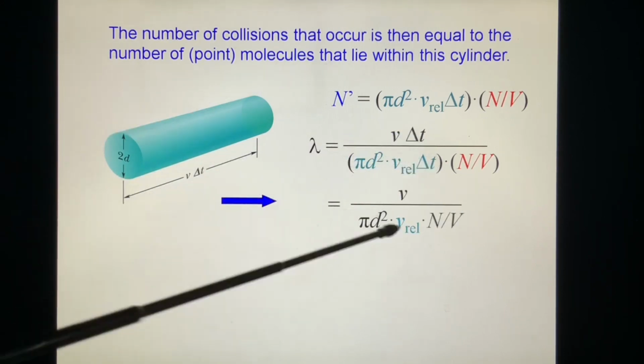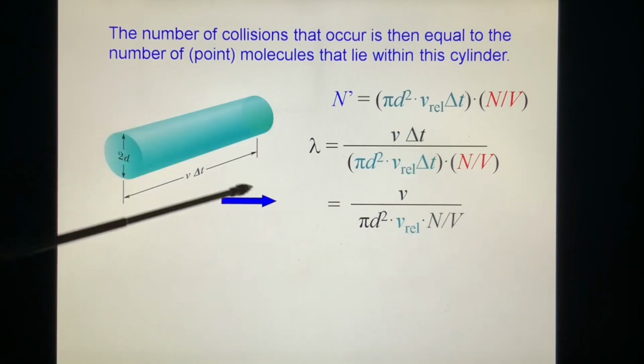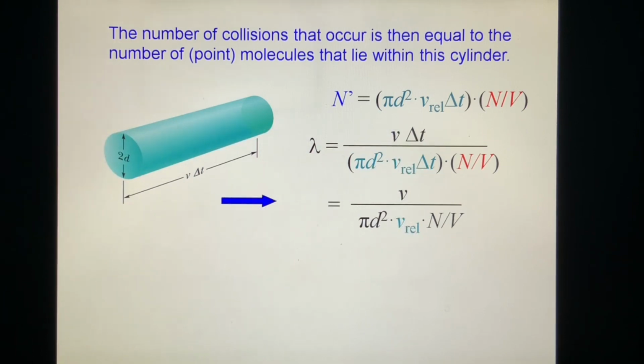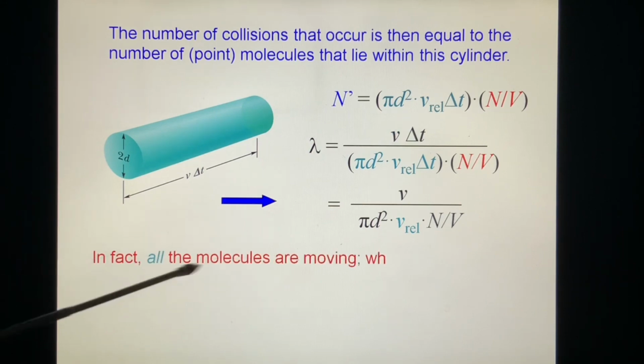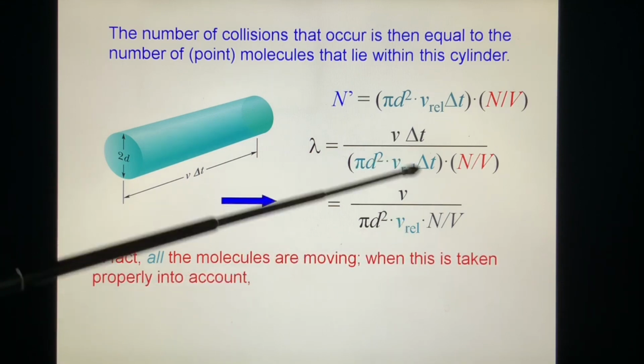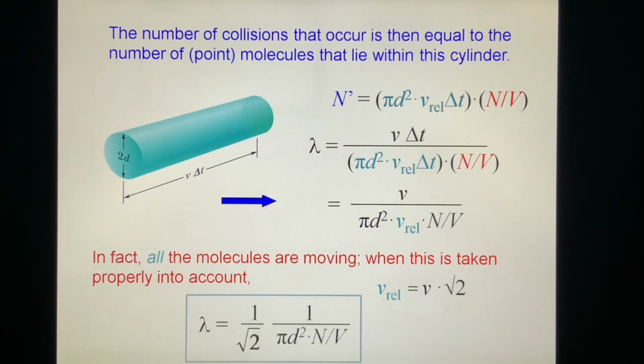And V relative, in this case, we consider is square root 2 times V, a little bit higher than the average speed. In fact, all the molecules are moving, so we have a correction. V relative is about square root 2 V.